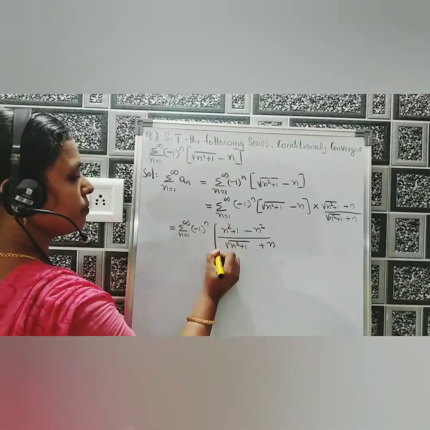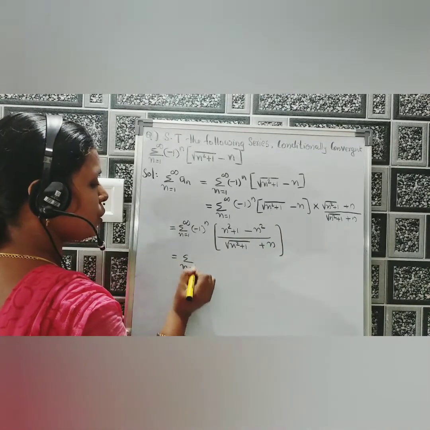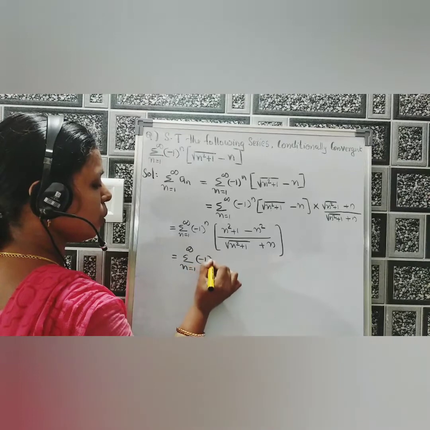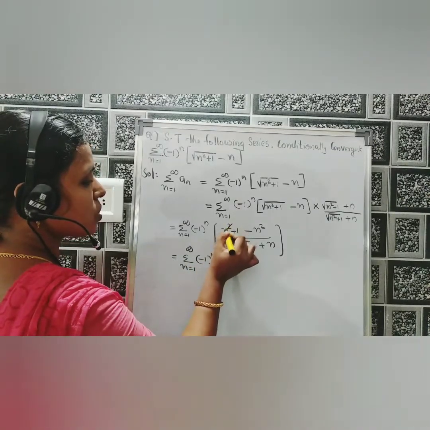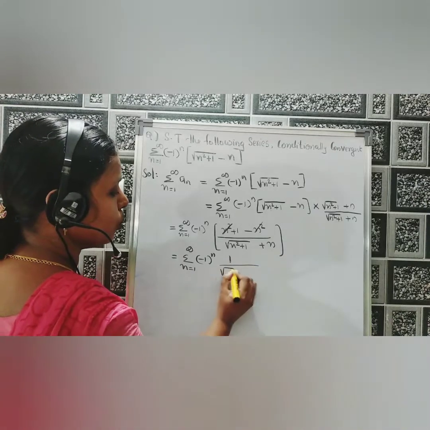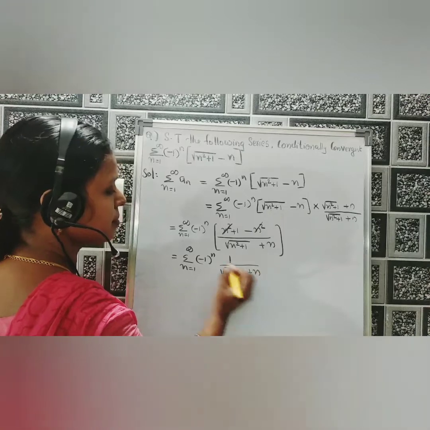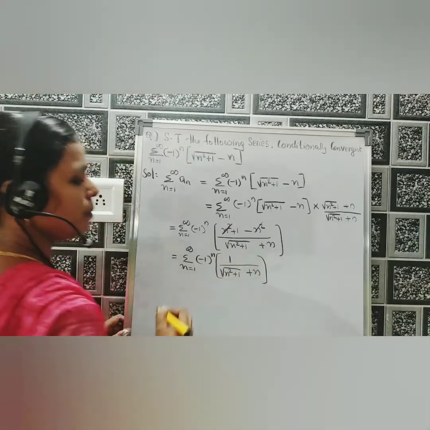That is equal to sigma n running from 1 to infinity minus 1 whole raised to n. Here n square gets cancelled. We get 1 divided by root of n square plus 1 plus n.